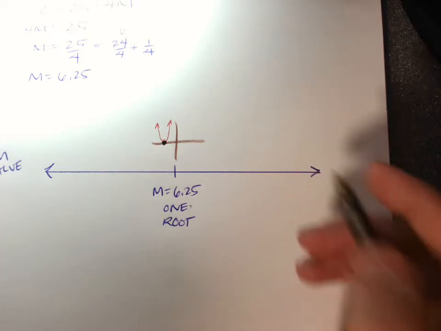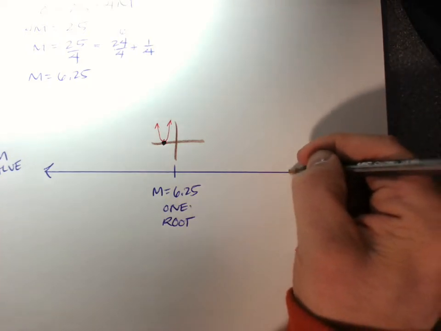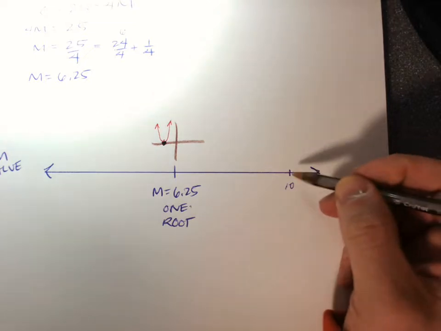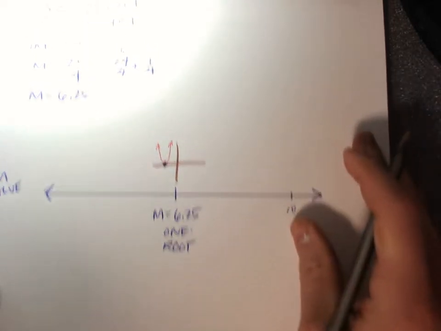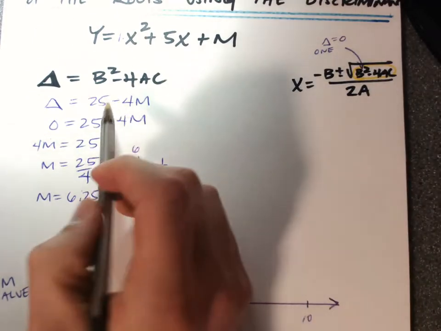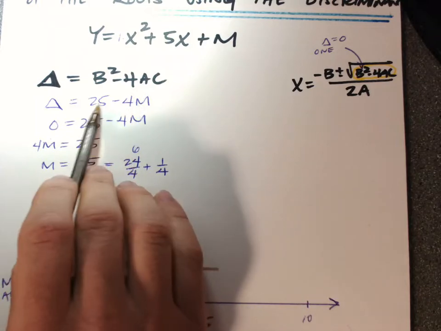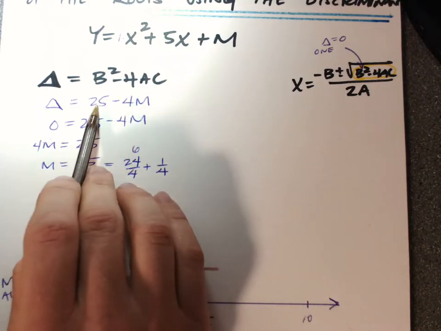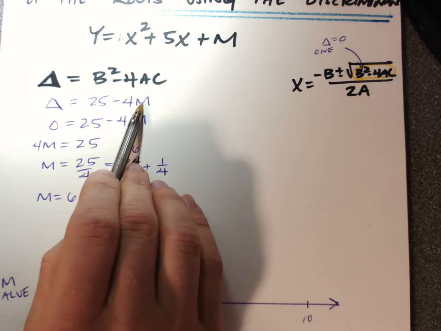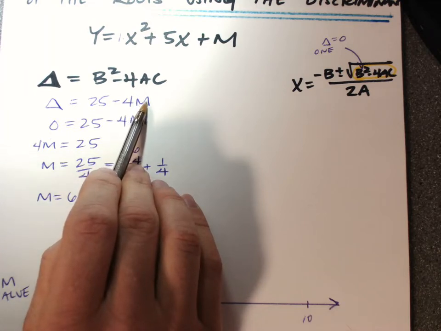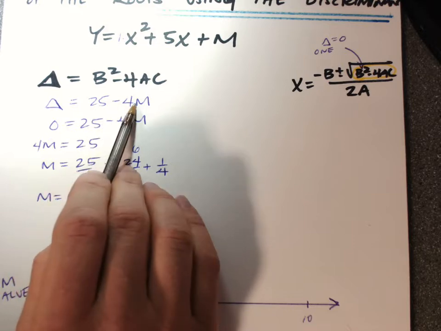So supposing we choose, let's pick something easy like 10. Okay, 10 will be over here on my number line. And now if we put 10 into this formula, 25 minus 4 times 10, is that a positive or a negative value? 25 minus 40 is negative.